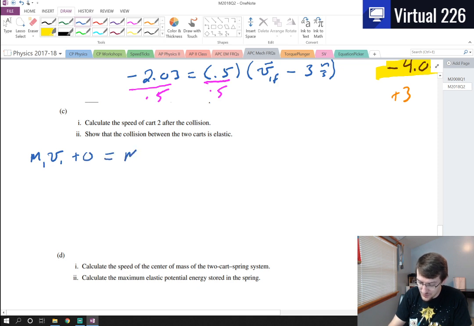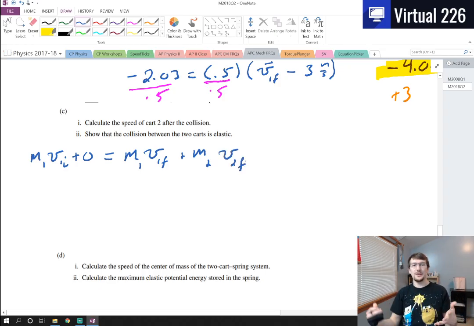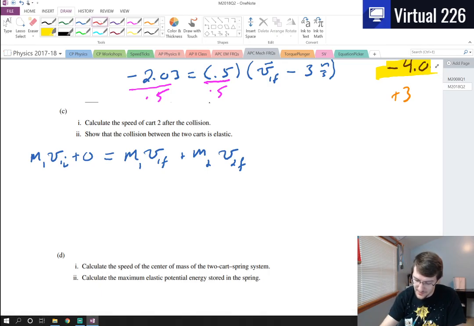That's just equal to cart 1's final velocity, because that's an initial, plus cart 2's final velocity. Okay, so final momentum values there. And now I can just go ahead and solve this for this cart 2 right here.